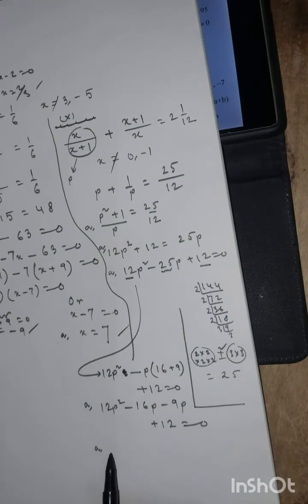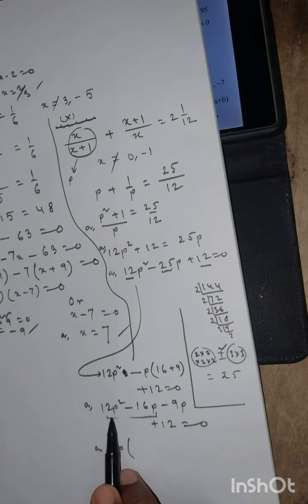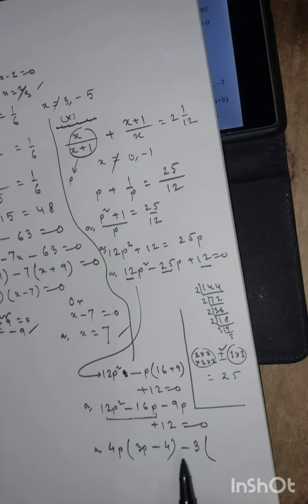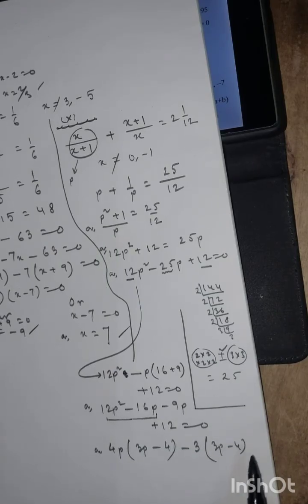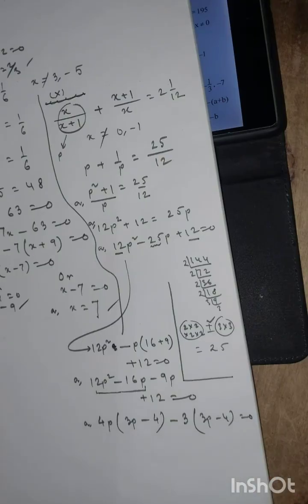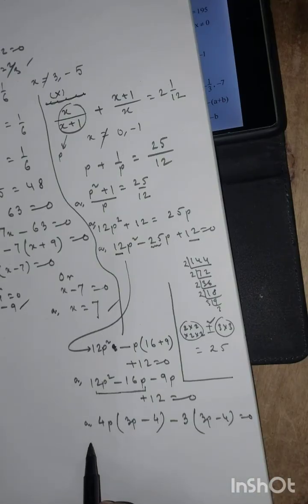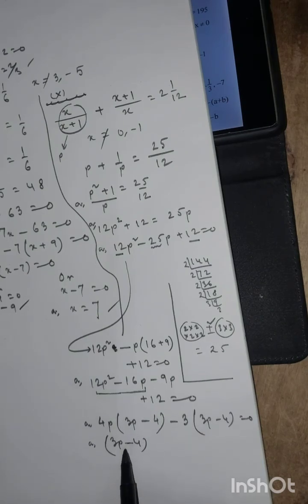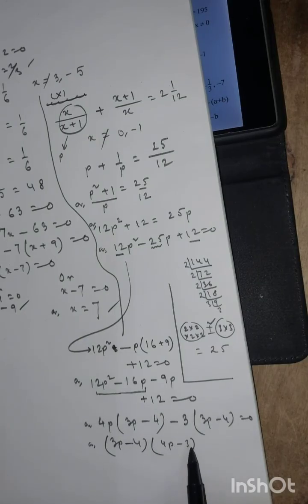If we take 4p common from these two numbers, we get within bracket, and if we take minus 3 common, we get 3p minus 4. Or 3p minus 4 into 4p minus 3 equal to 0.